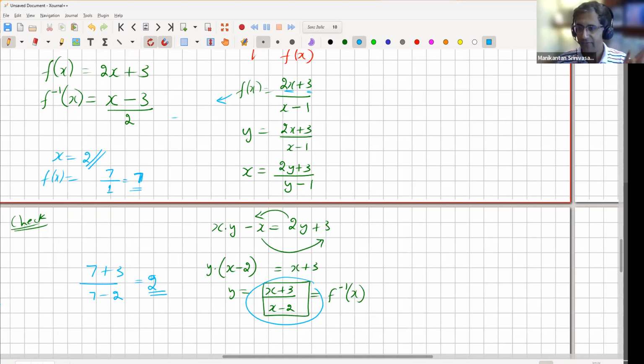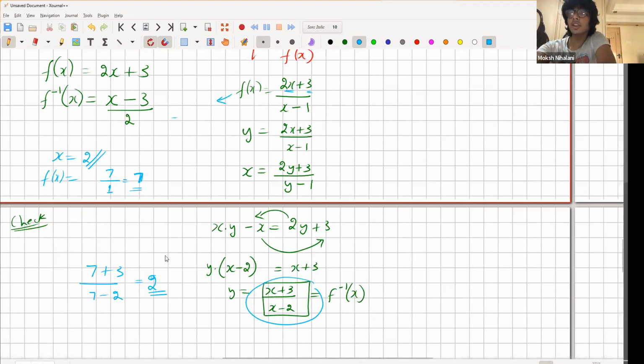If f of x is a many-to-one function, that still counts as a function. But f inverse of x won't be a function because it's one-to-many. That's correct. All I'm saying is it's f inverse of x. I'm not saying f inverse is a function. It's an inverse of this original function, but f inverse itself need not be a function.